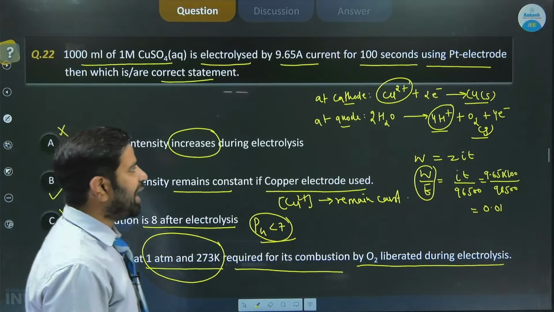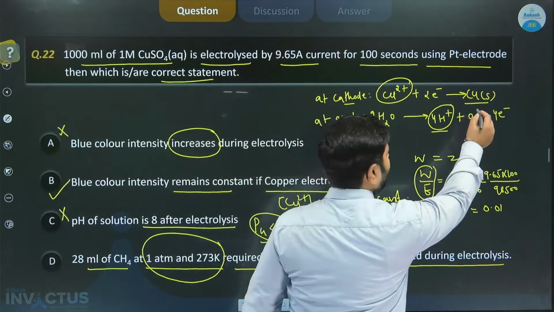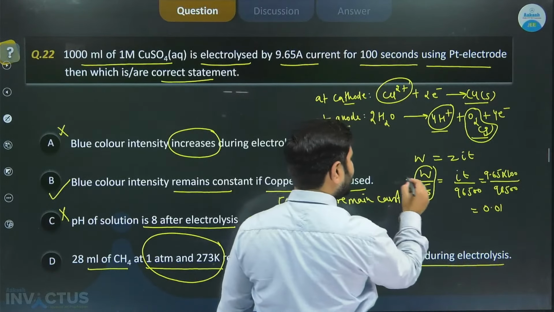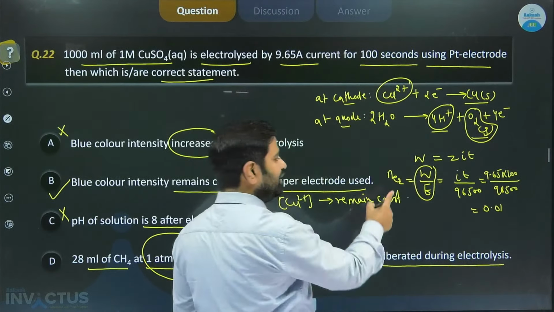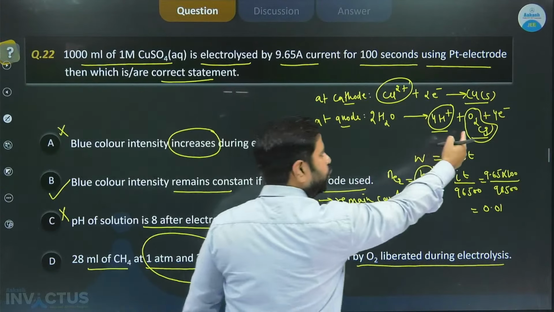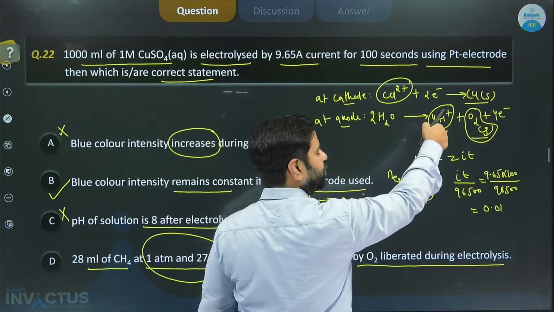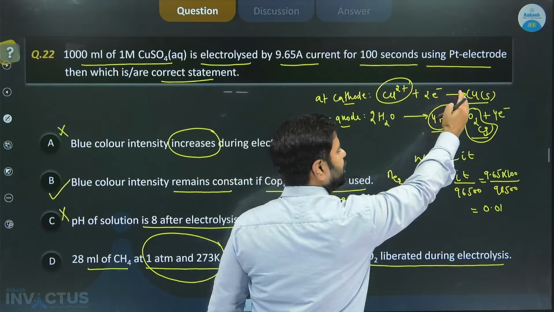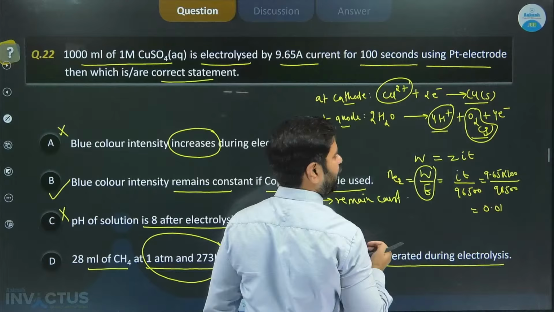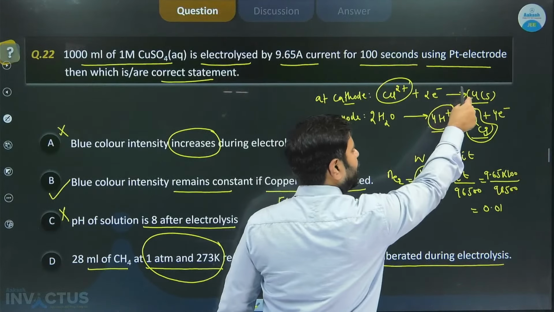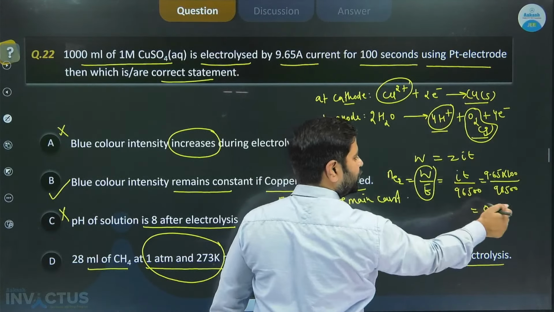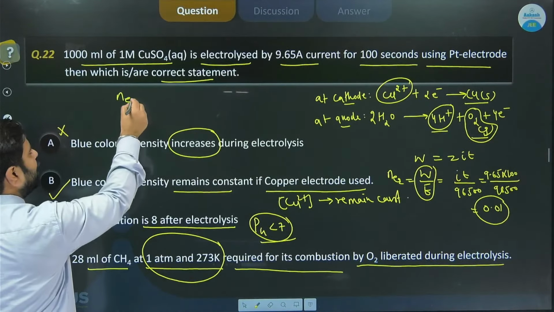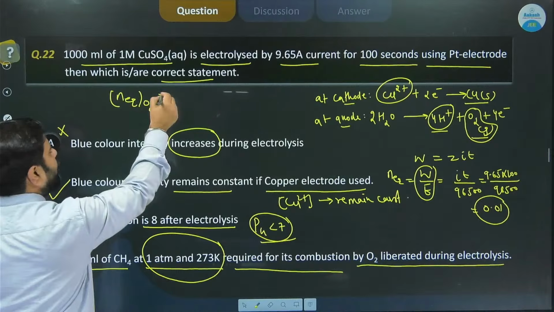We can calculate the moles of O2 here. We have already calculated the number of equivalents. You can say these are the number of equivalents of H+, because the number of equivalents remains the same for either the anodic products or the cathodic products. The number of equivalents of copper, H+ and O2 would be equal to 0.01. So the number of equivalents of O2 is 0.01.